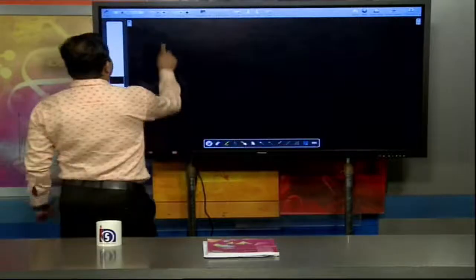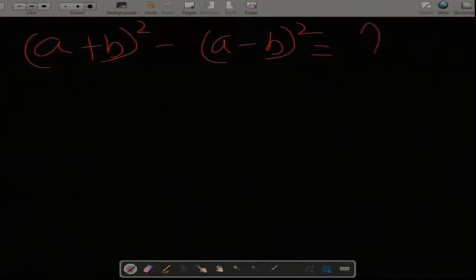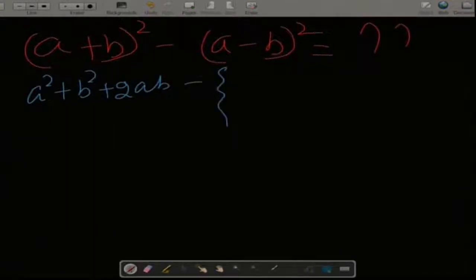Simply, (a plus b) whole square minus (a minus b) whole square. What will be its value? (a plus b) square is a square plus b square plus 2ab, this is the formula we already know, minus (a minus b) whole square, which is a square plus b square minus 2ab.